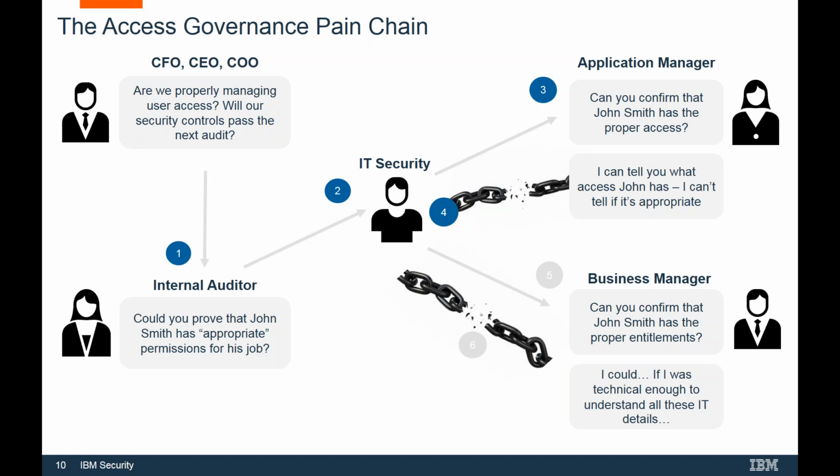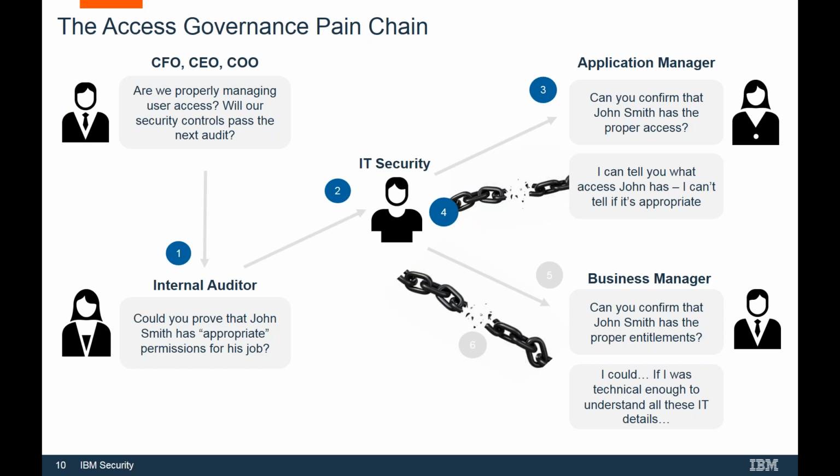Well, IT security will go back to the application manager and say, can you confirm that John actually has the proper access for your application? In which case they then say, I can tell you what access they have, but I don't know if it's appropriate. So the IT security person then has to go to the business manager that oversees that individual from an organizational structure and say, should they have this access?